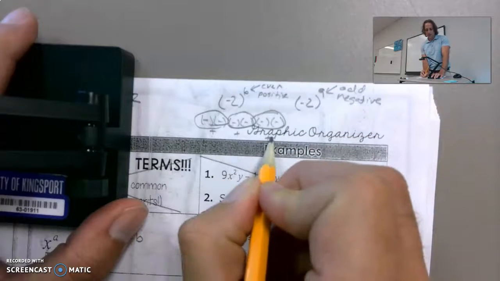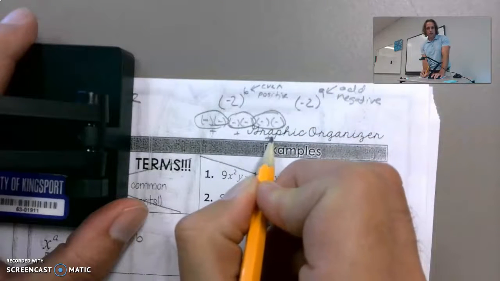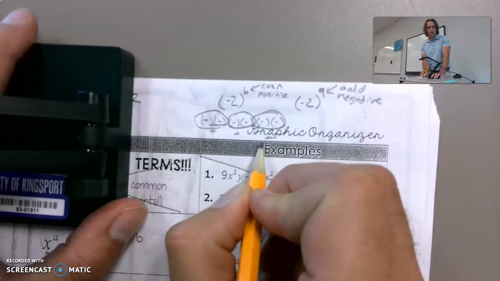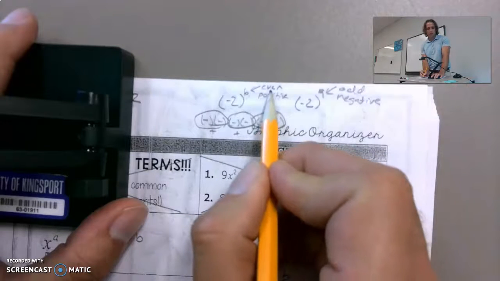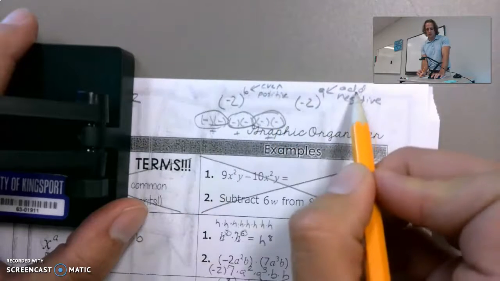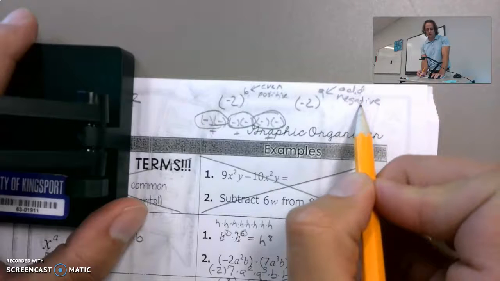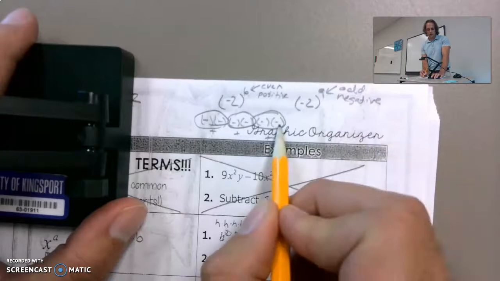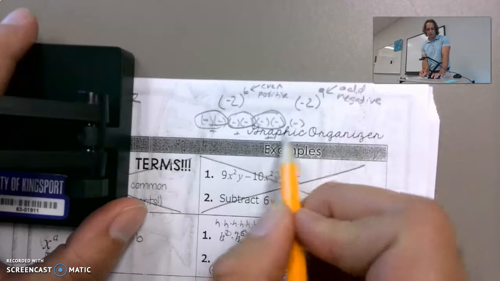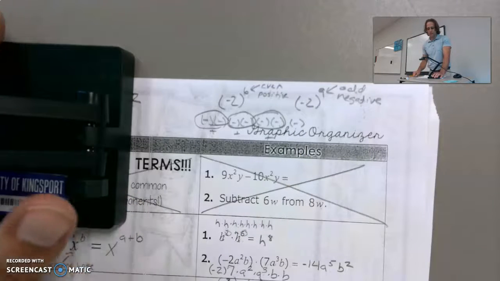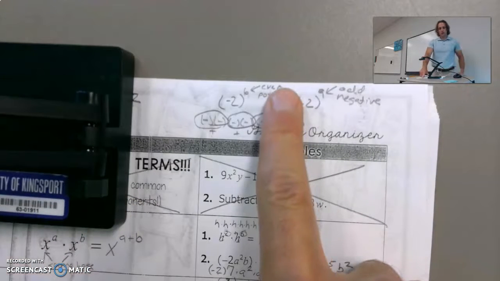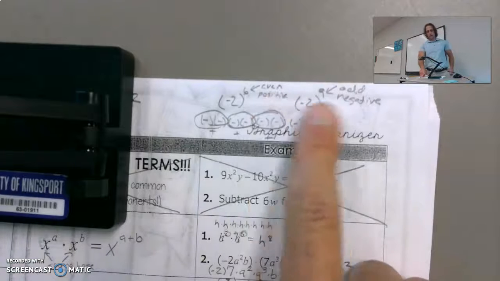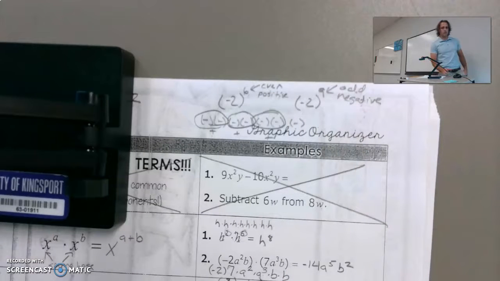And therefore, the whole thing is going to be positive. So anytime I have an even number of negatives, it becomes positive. And if I have an odd number of negatives, it would then be negative. So like if I multiply this by one more negative, now we've got a negative number. Okay, so even number exponent, positive. Odd number exponent, negative.